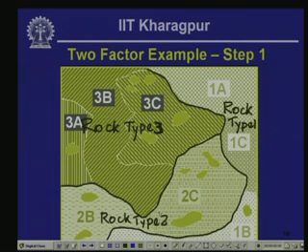Similarly, 1A is the flattest area underlain by rock type 1, and 1C on the other hand is the steepest among the areas underlain by rock type 1, and similarly for rock type 2.